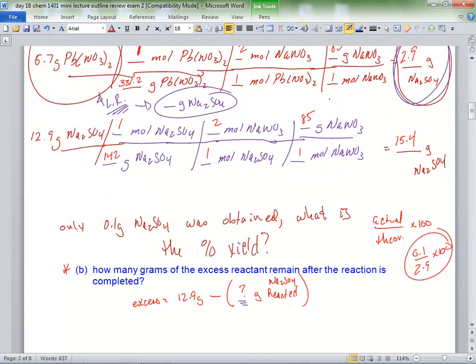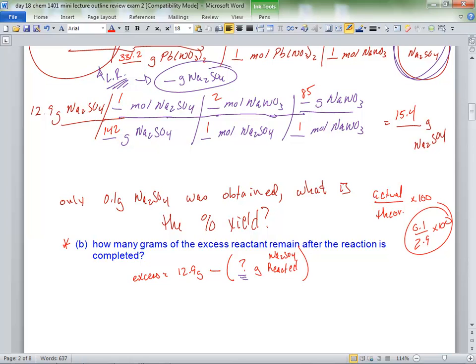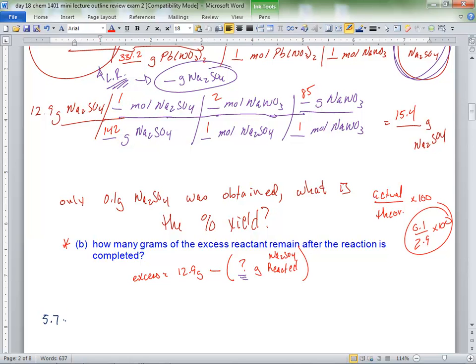All right, so we'll start with that 5.7 grams and convert that all the way to grams of sodium sulfate.